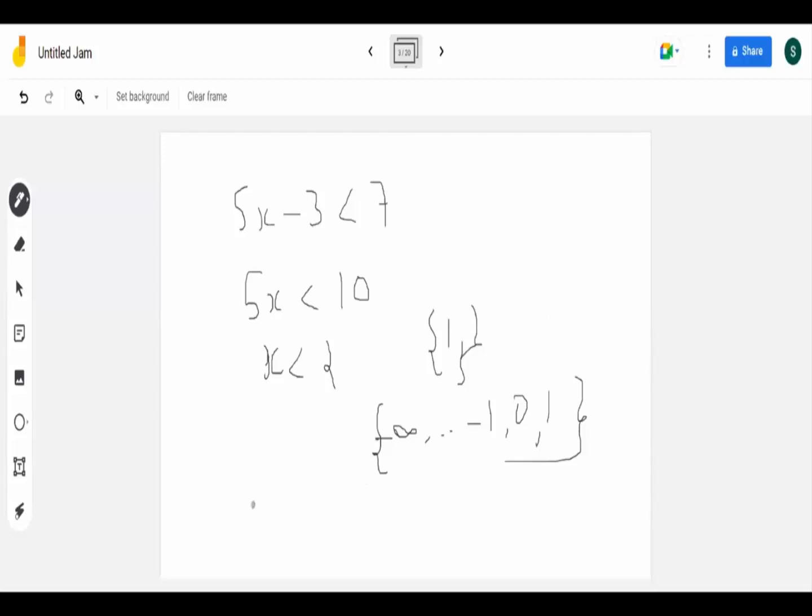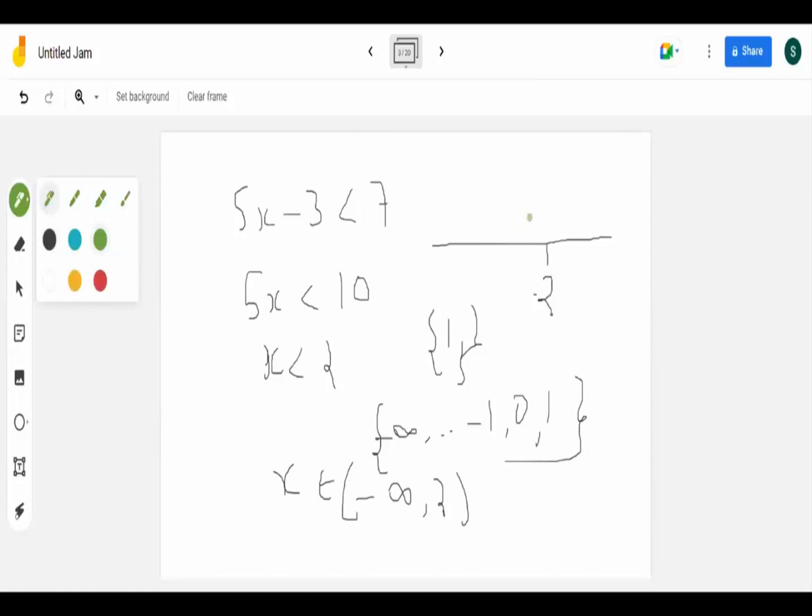If x is a real number, we can report our answer as x belongs to minus infinite excluding 2, and draw the number line. This is 2, and we don't have to include it, so we will draw a hollow circle here, and our answer will include everything from minus infinite up to 2. Where x is a real number, it will consist of all the numbers.